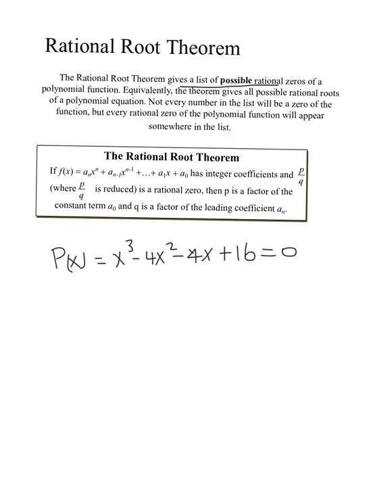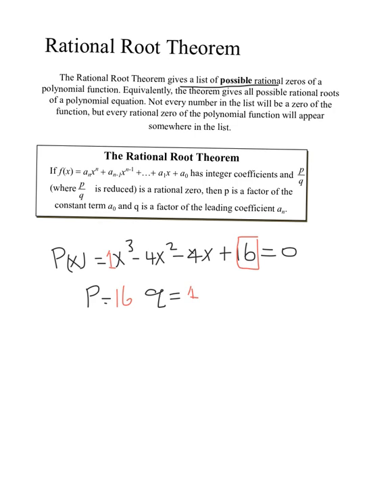So how I would do that is identifying the P and Q. That's my first step. To identify the P, it is this number, which is 16, and Q is the coefficient of the highest degree variable, in this case 1.